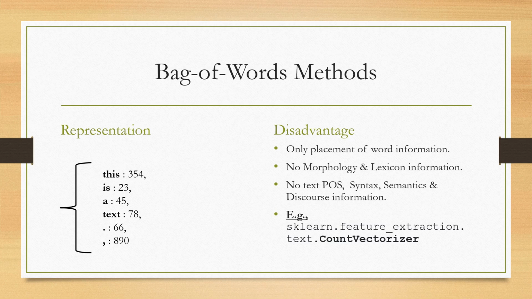This method has lots of disadvantages. One is that it provides only the placement of words information. This means the model only learns what word is placed after what word or words and makes a prediction on it. It loses much useful insight like part of speech, syntax, semantics, and word information like morphology and lexical information.